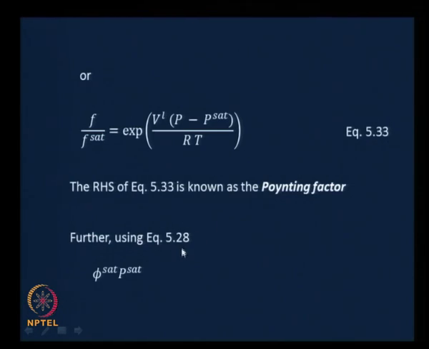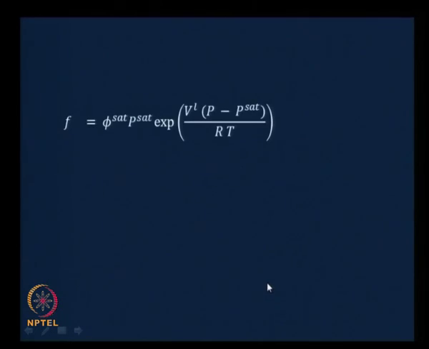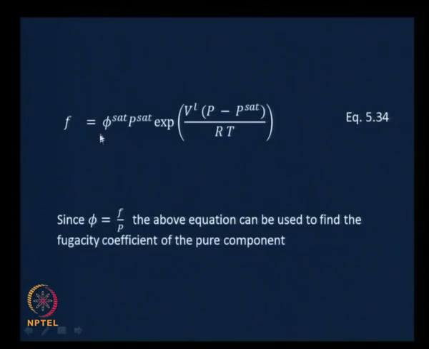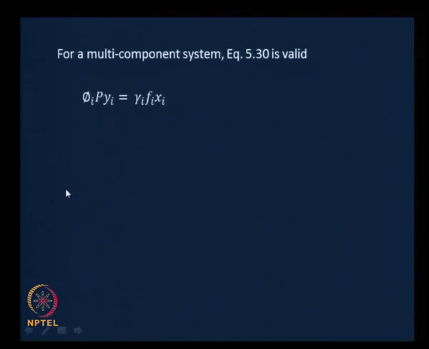And then we had invoked equation 528, phi sat P sat equals f sat in the case of vapor liquid equilibrium, and we could write, by expressing one in terms of the other and recognizing that phi is nothing but f by p, phi I p y I equals gamma I f I x I. This is the condition for equilibrium in a multi-component system.